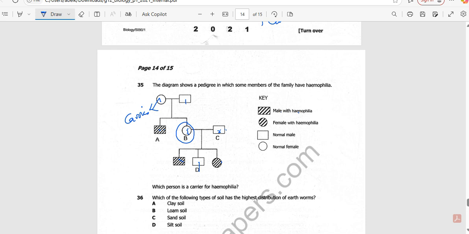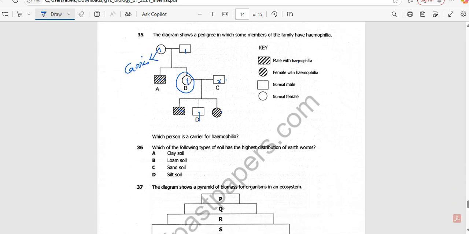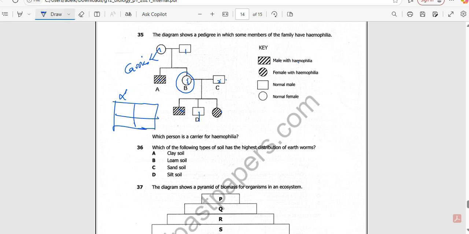normal. So if you want to do this quickly, you can use what you call the Punnett square, like that. So hemophilic, let's say, small h, then capital letter, then capital letter, then Y. So this is male, this is female.